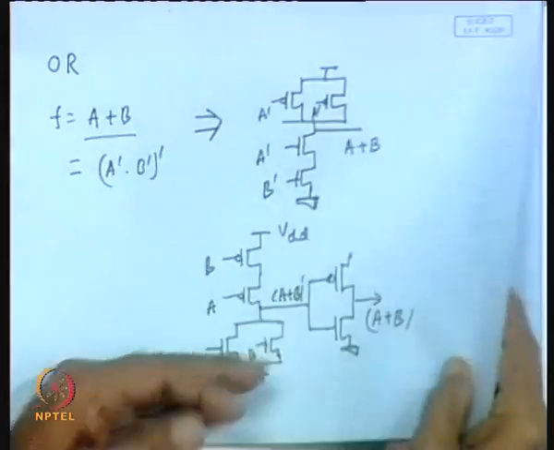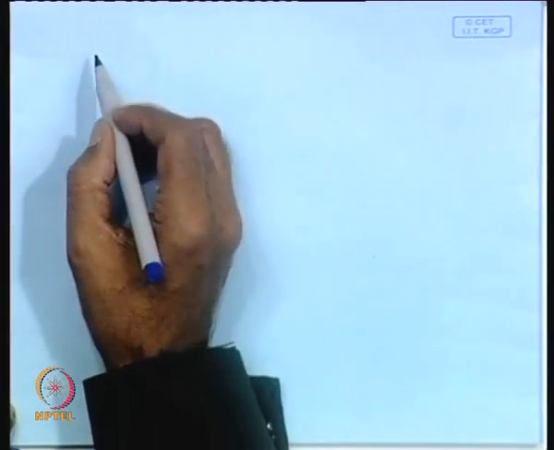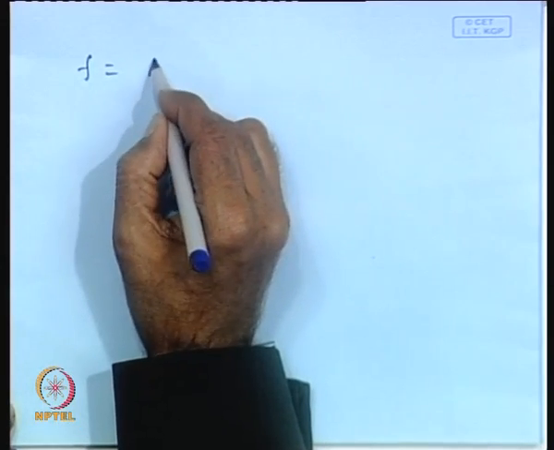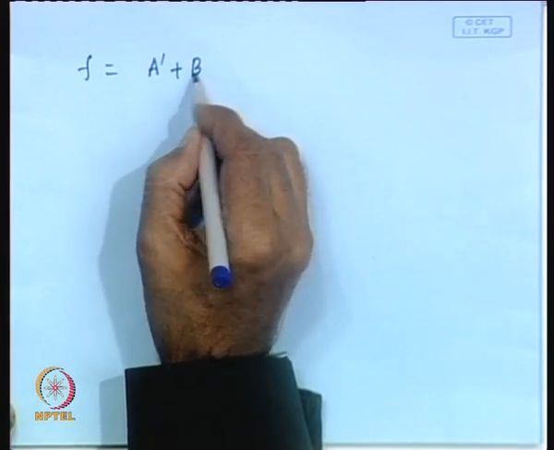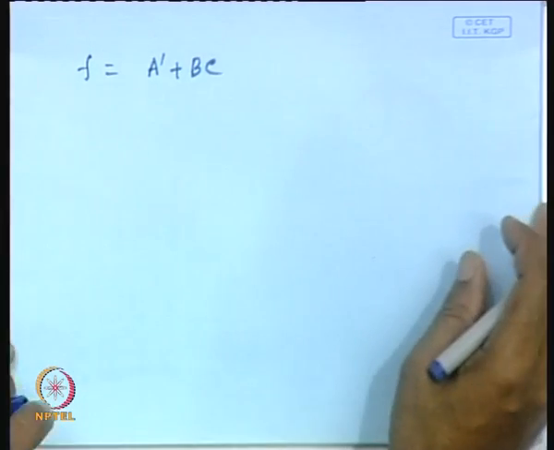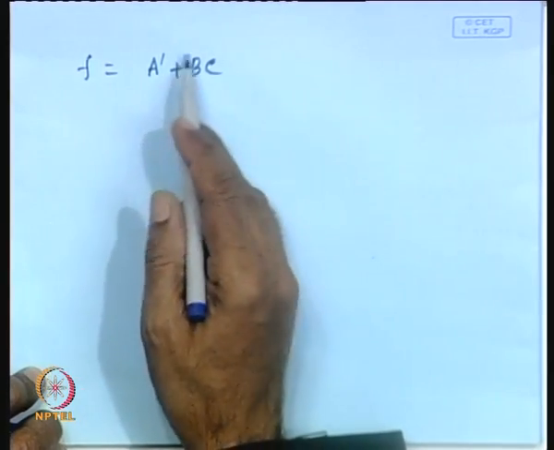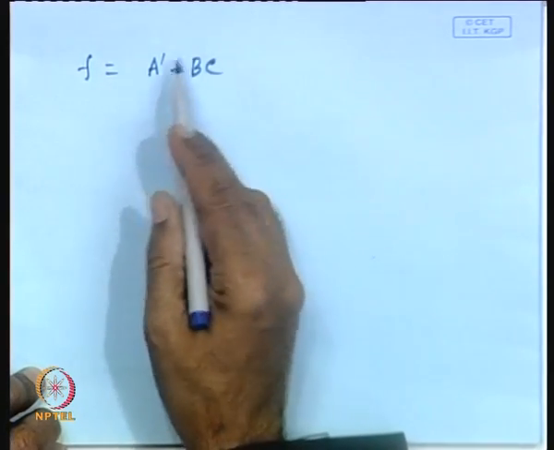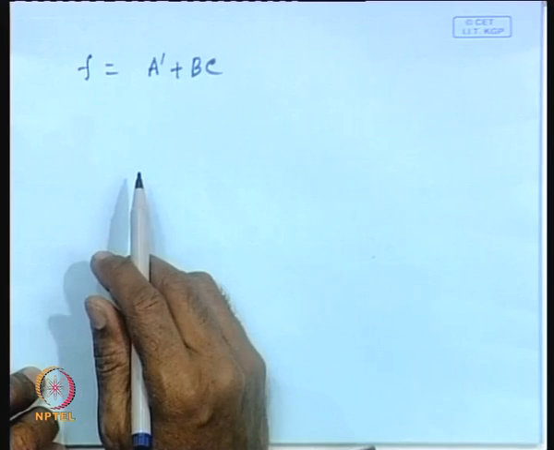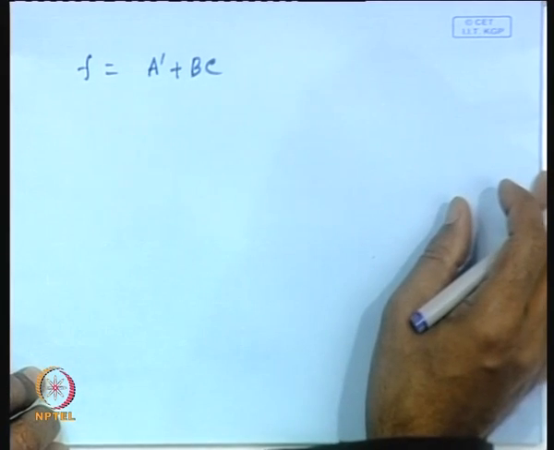Can we realize any complex function by extending the idea that we have discussed so far? That can be done. You can realize any complex circuit. For example, you have to realize a function f is equal to a dash plus b c. This is not a positive unit function or a negative unit function. How can you realize this?